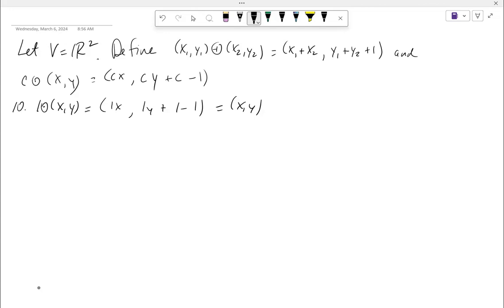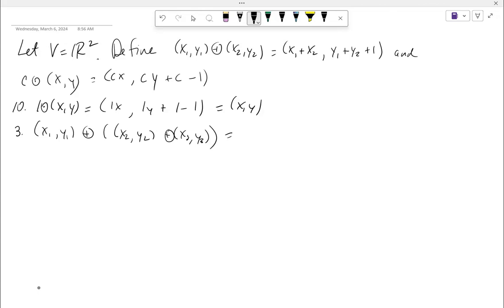All right, so let's see about some of these other ones. Let's do associativity of addition. I think that's the third axiom, right? So I have a grouping where I've grouped the second two together. I also have a grouping where we group the first two together.